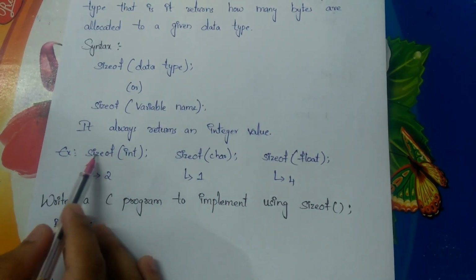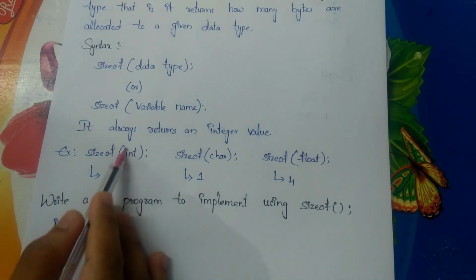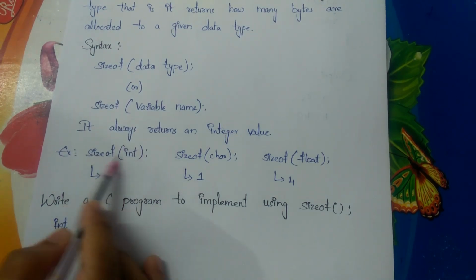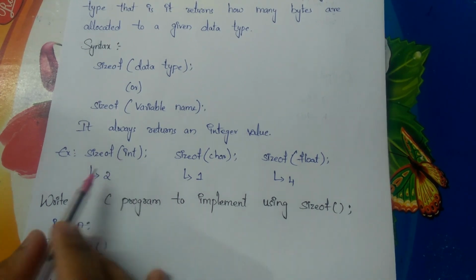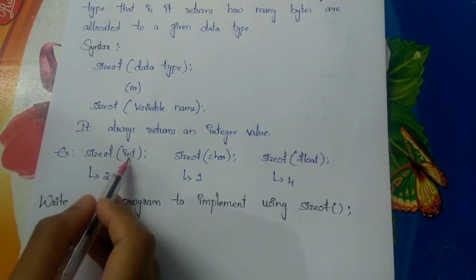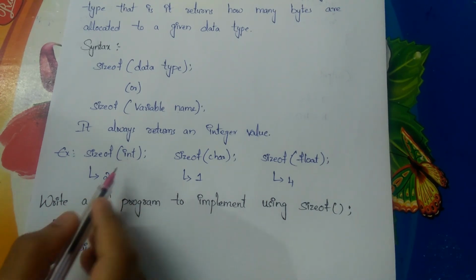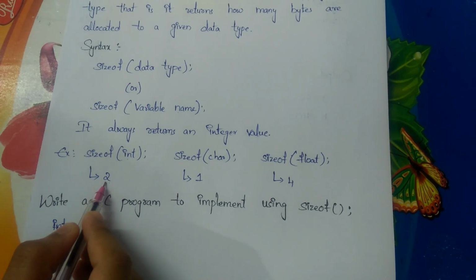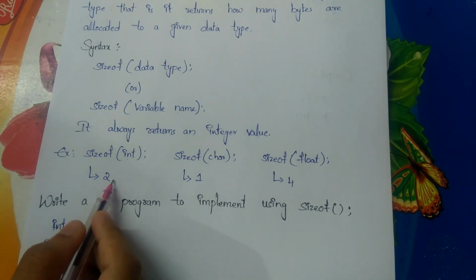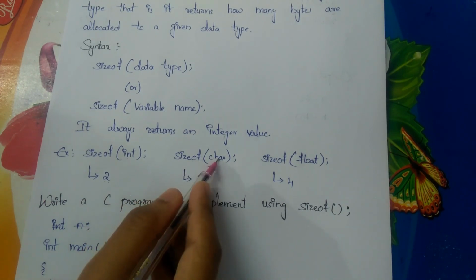So here the example is sizeof, and within the braces I am writing int. So int is a data type. Now when I print this, I will get the output as 2, because the integer data type takes 2 bytes of memory. So that's why it prints 2, and we know that it always returns an integer value only. The next one is sizeof char.